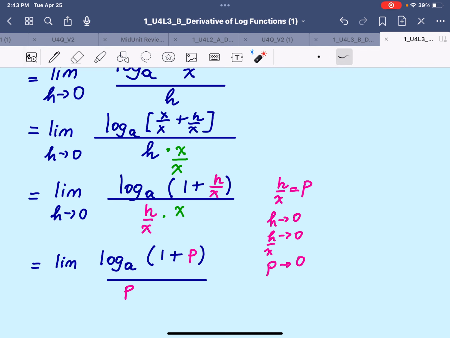And the reason why I mentioned the value of p in here is not only to emphasize the fact that p is the one that is carrying this h value in here, but also that we need to actually replace h in the limit as well, because if this is the changing number in the function, then this must be reflected in the value the limit is approaching, the independent variable.